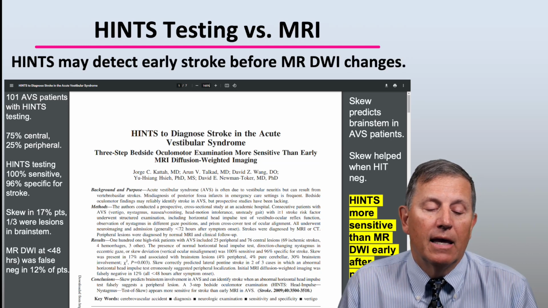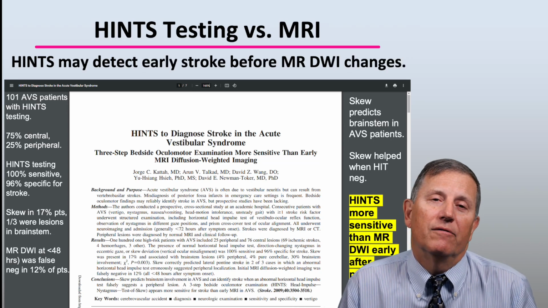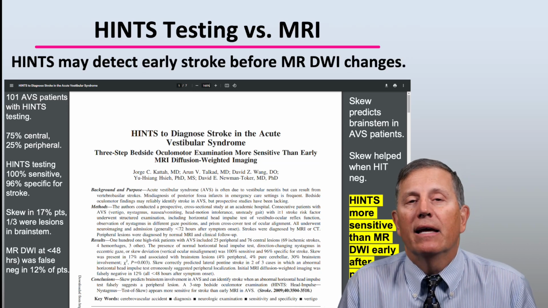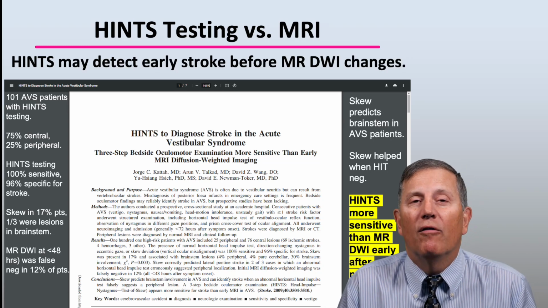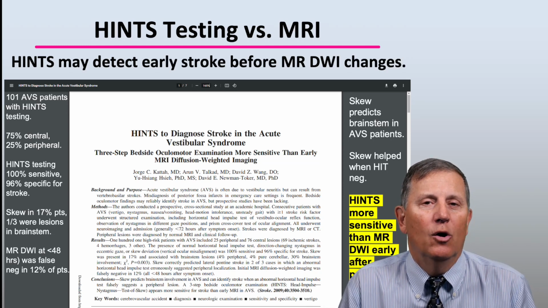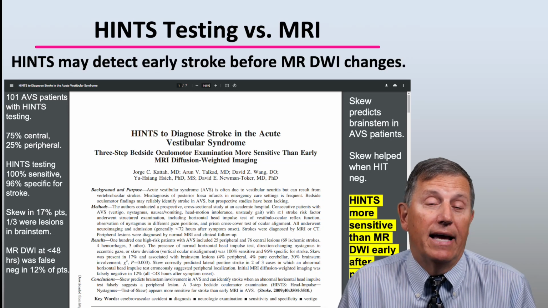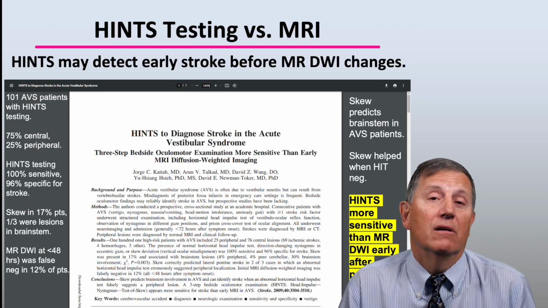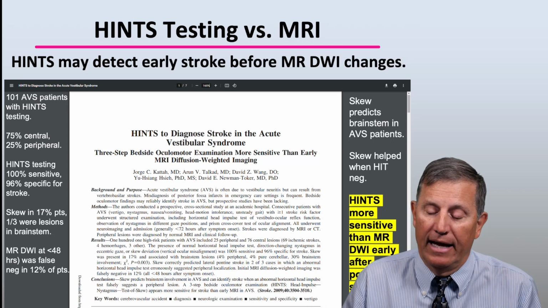So, if the HINTS testing is 100% sensitive and the MRI is 88% sensitive, that means 12 out of every 100 patients will be missed on MRI that could be detected with your HINTS exam. In other words, about 1 out of 10 or 1 out of 8 patients you will detect on a HINTS exam even when the MRI is negative.